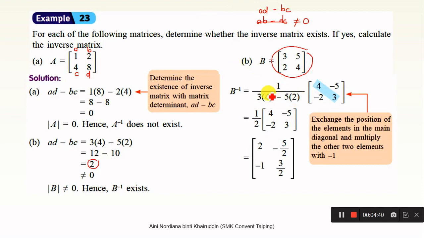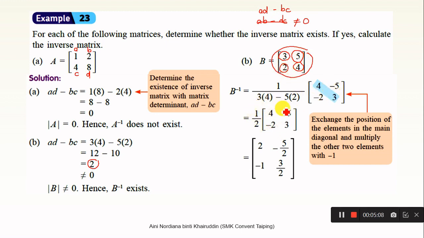We must change the position of 3 and 4, the position of A and D here, and for the elements B and C, we need to add a negative sign in front of the element.